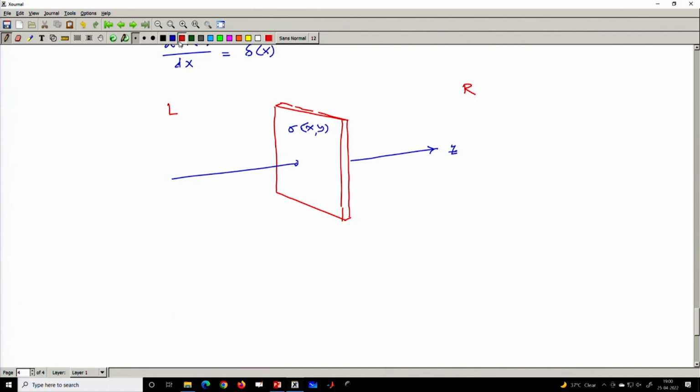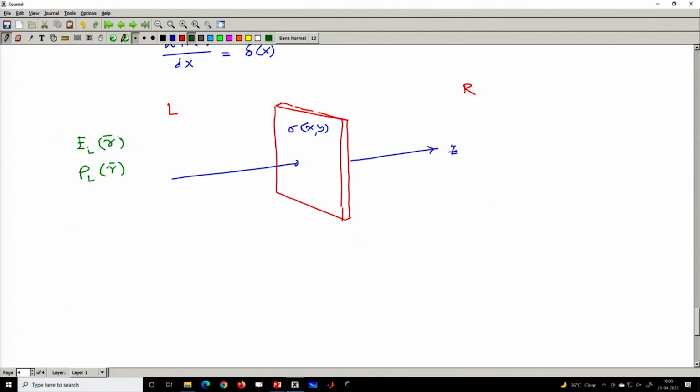For the left hand side, the electric field is represented as E L as a function of r, and the charge density as rho L as a function of r.